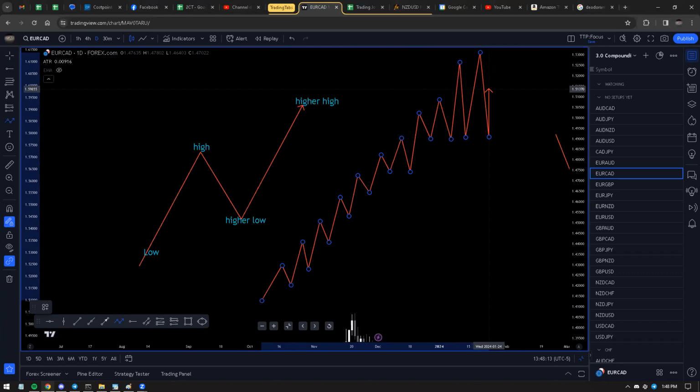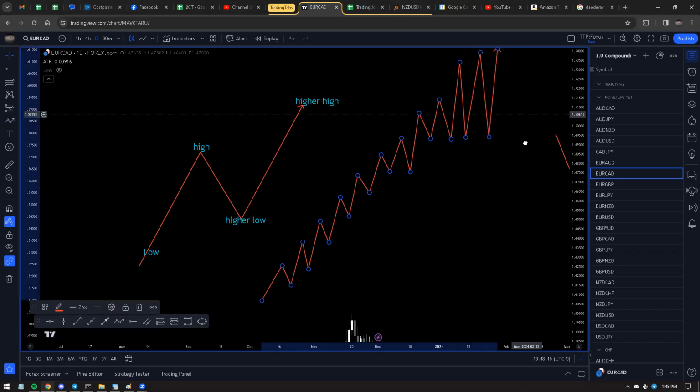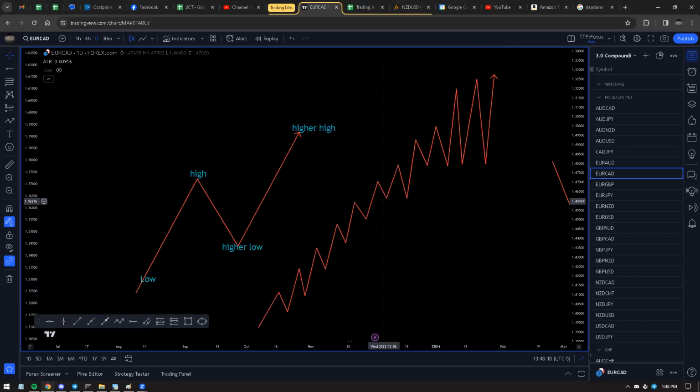It's still a valid uptrend until the low that created the high is broken. Once again, you don't know that this is the higher low until that higher high is created. Once you've established this higher low, that is the reference point for the trend. The trend remains intact as long as it does not violate that.